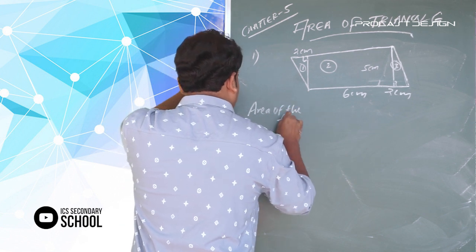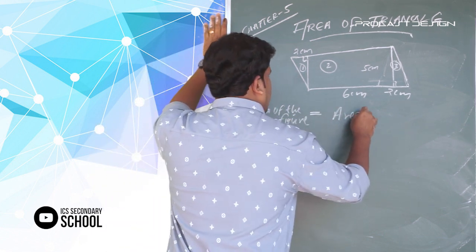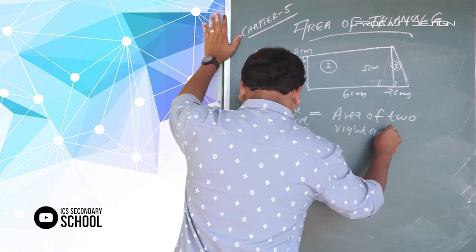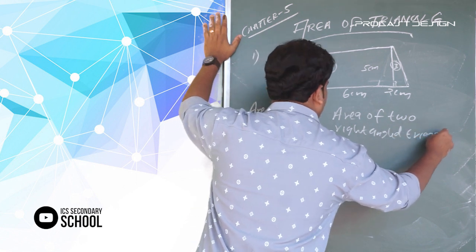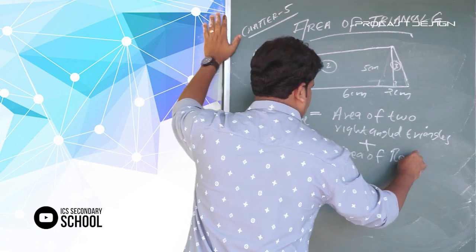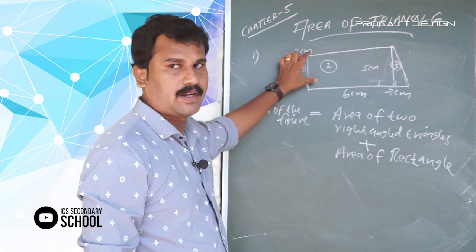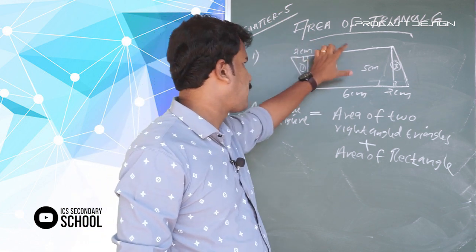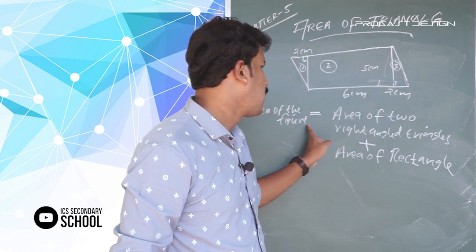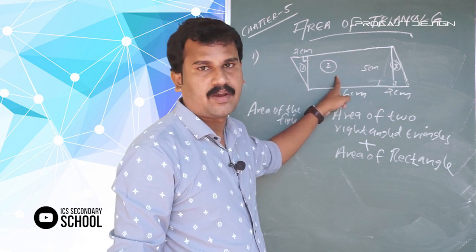The area of the figure means the area of two right angle triangles plus the area of the rectangle. Here the first section is a right angle triangle, here also a right angle triangle. So the area of the given figure is the area of two right angle triangles plus the area of the rectangle.